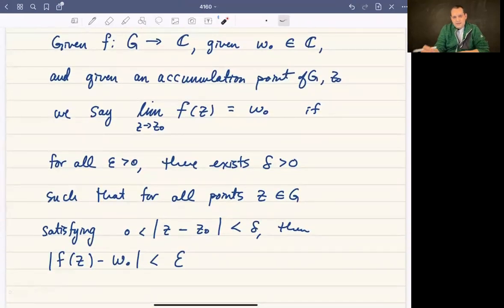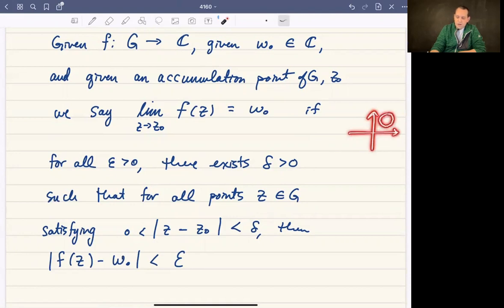The second subtlety, and this is one that we're going to have to ponder just a little bit, and this will come up again and again, is that in contrast to Calc 1, where we talk about functions of one variable, and when we're talking about these deltas and epsilons, we're only thinking about some interval of real numbers. Here, when we're talking about the modulus being less than delta, we're talking about a whole ball, right?